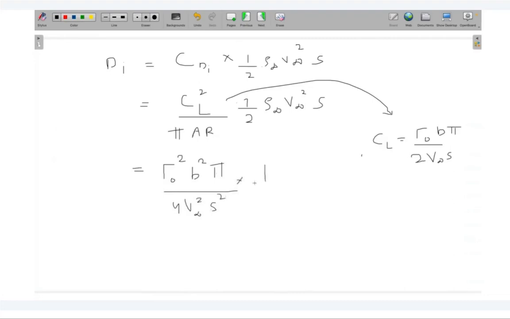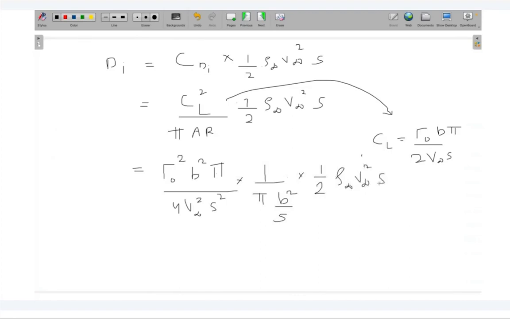Pi AR is nothing but b square by S, and then you have half rho infinity V infinity square times S.